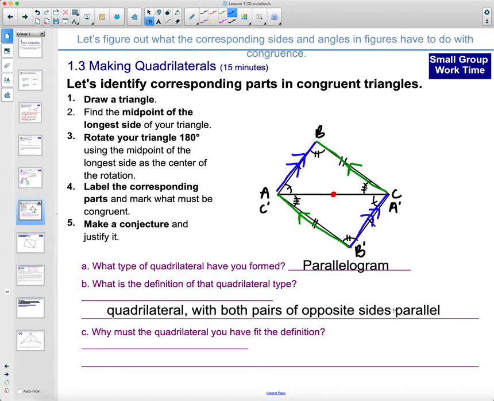So that gave me those opposite sides parallel, because of the definition of a 180-degree rotation. And that's on your Unit 1B reference sheet. So if you look back to that, you can see that.